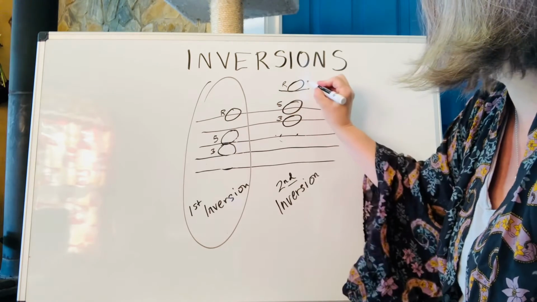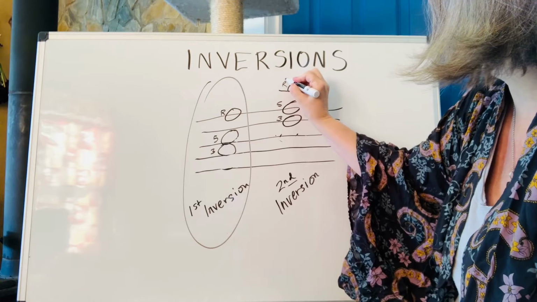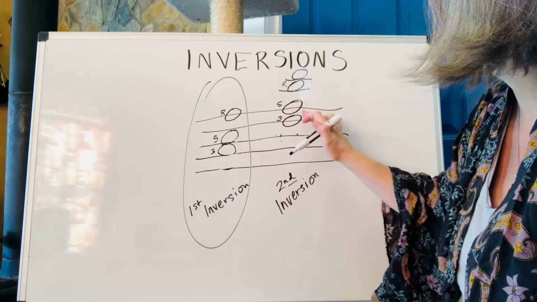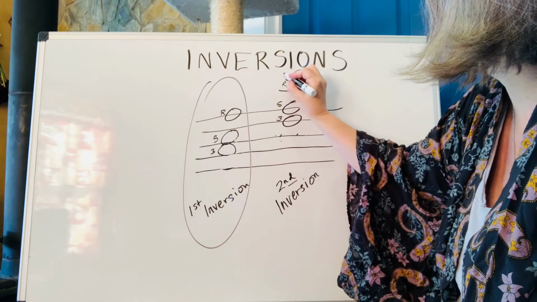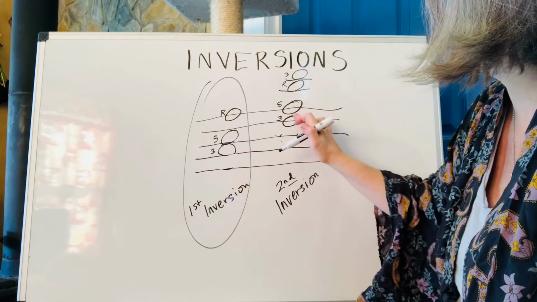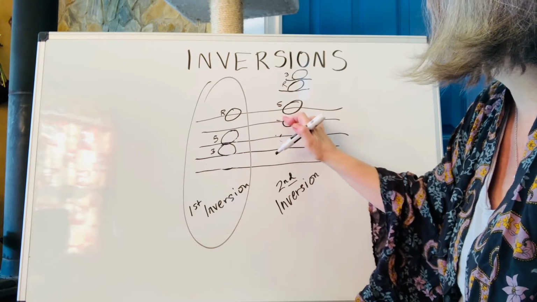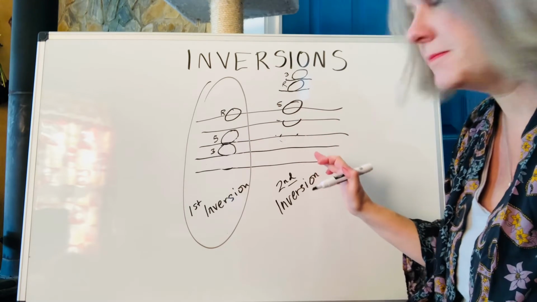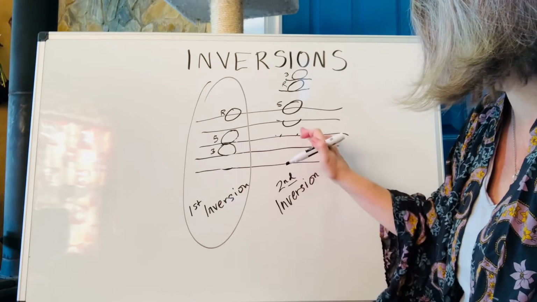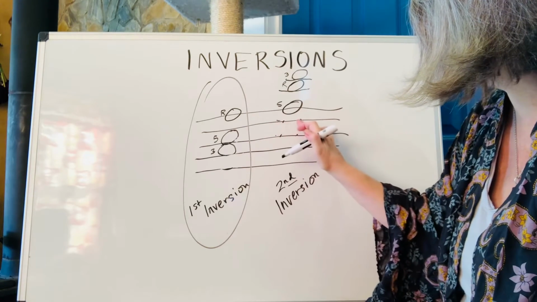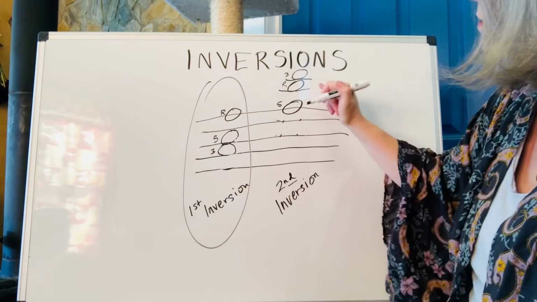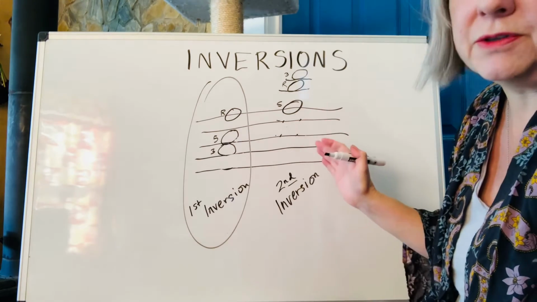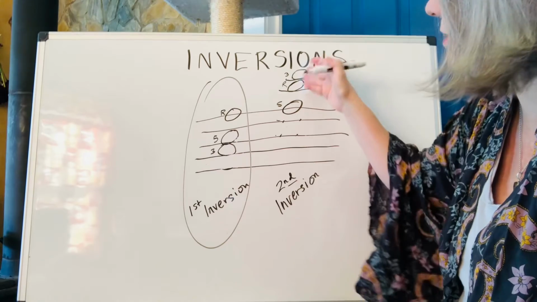So really we take that first little third and put it up on the top. And then this will be the third of the chord. And we've got the fifth on the bottom. And so that one will sound, you'll hear the inverted fifth, which is a fourth on the bottom and a third on the top.